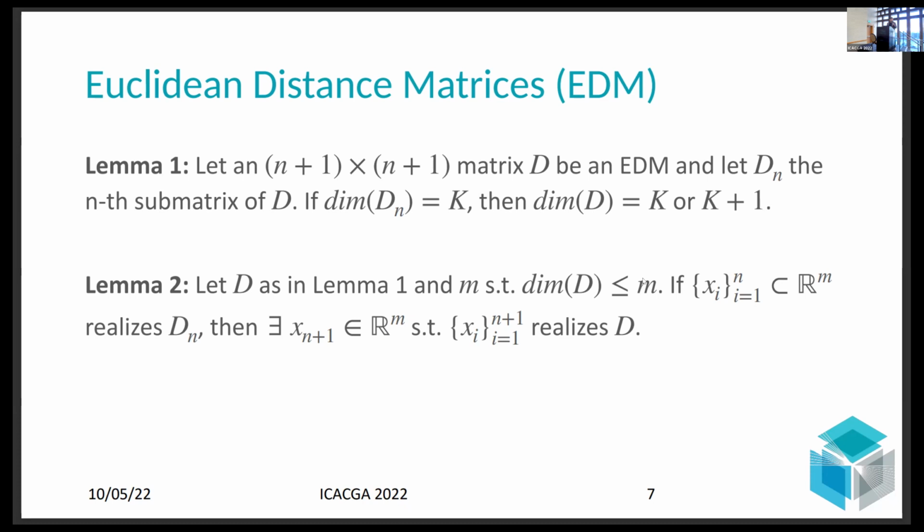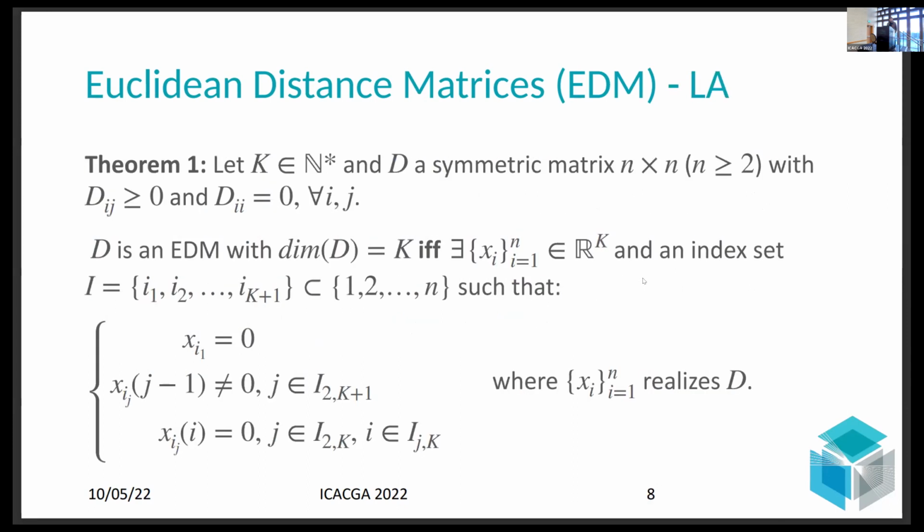But if we have a submatrix with embedding dimension k, the next submatrix will have embedding dimension either k or k plus 1. So we will construct the solution working with the submatrices. So it's important to use this result.